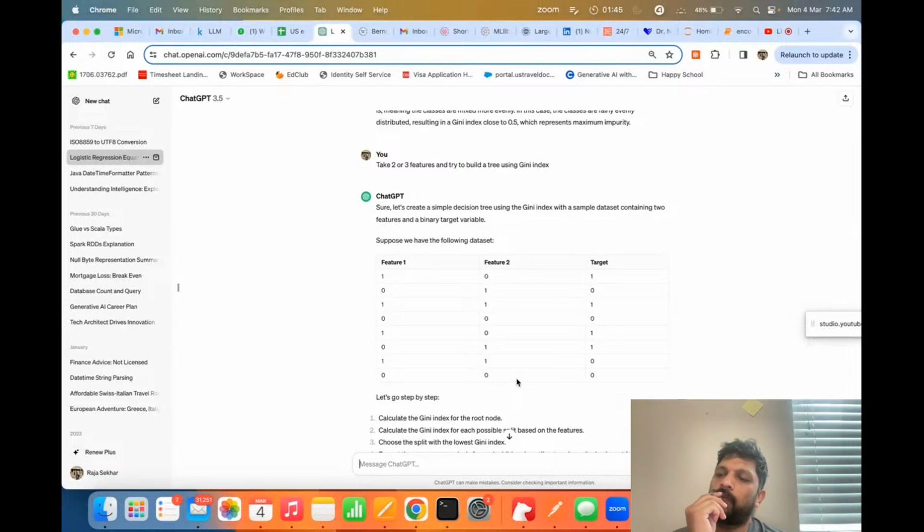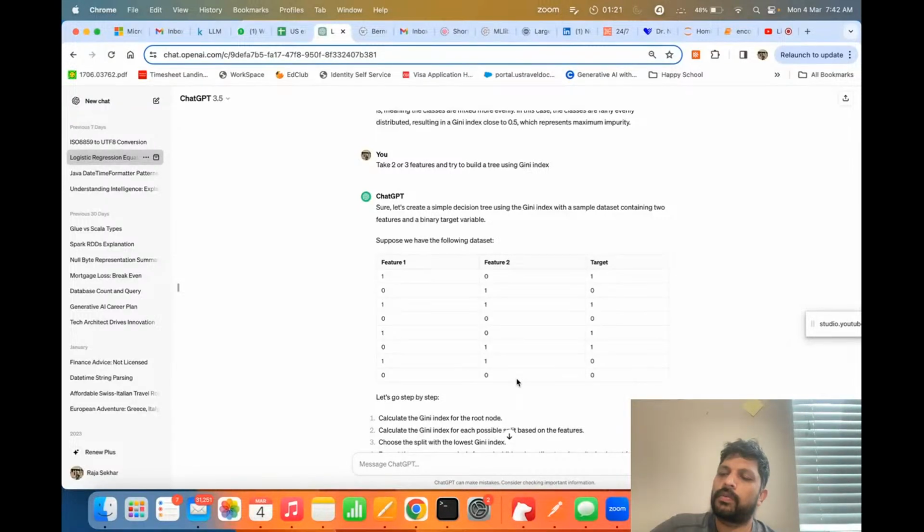Now on each of them we should pick up feature 2 equal to 0 and feature 2 equal to 1. Both should be calculated. Feature 2 equal to 0 is a split.